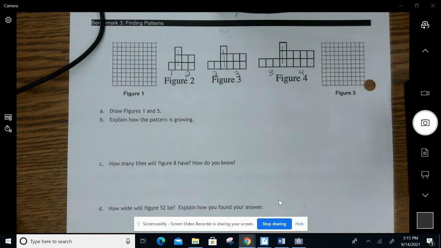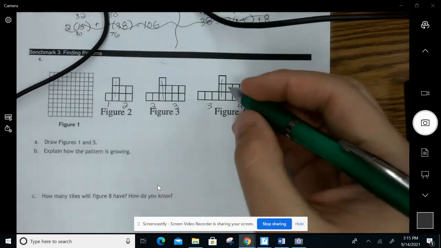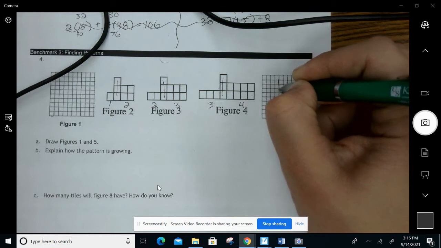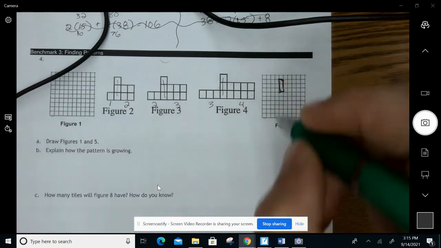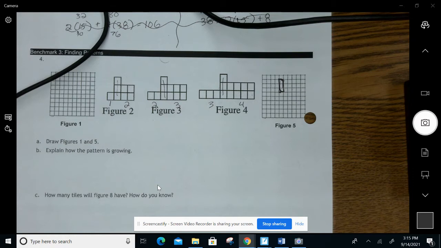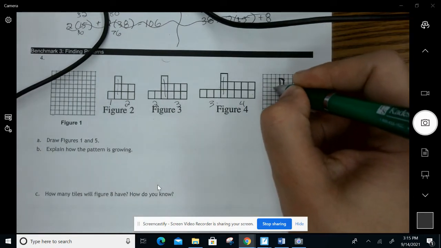But I'll draw figure 5 for you. You can think about figure 1. There's obviously a 3. Let me see if I can make that a little bit. There we go. 3. That cuts it in half. And then on one side, it went 1, 2, 3. So on here it should be 4.